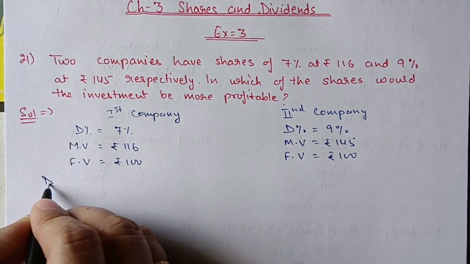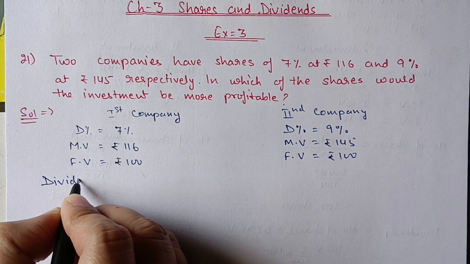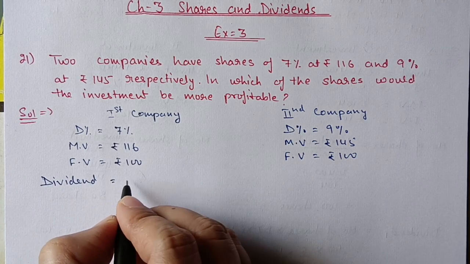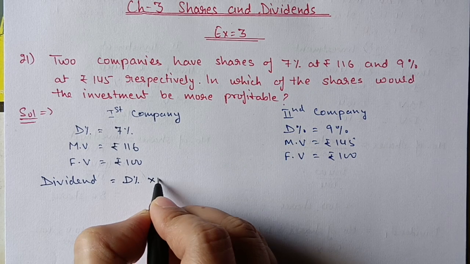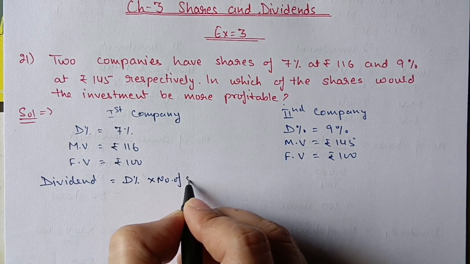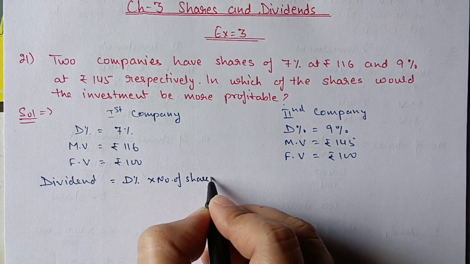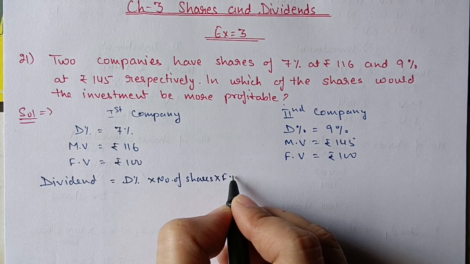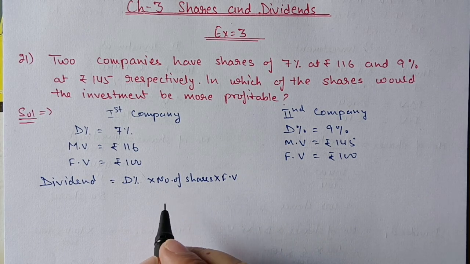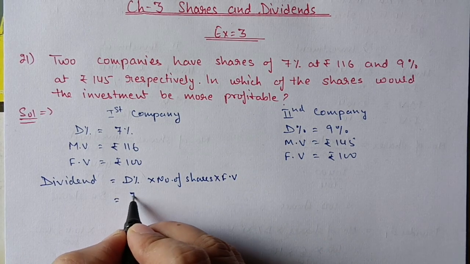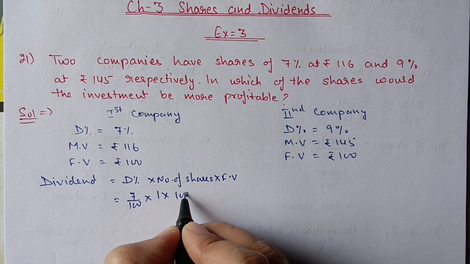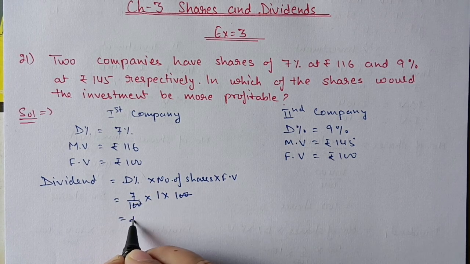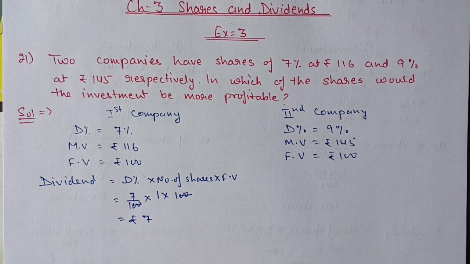The dividend for the first company is dividend percentage into number of shares into face value. So here we are calculating for one share. Dividend percentage is 7%, one share we are taking, face value is 100 rupees. So he is getting 7 rupees for one share.